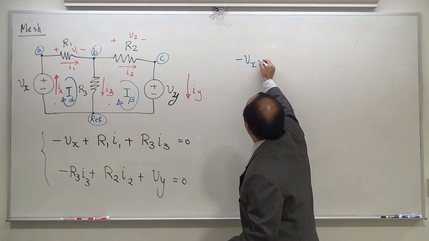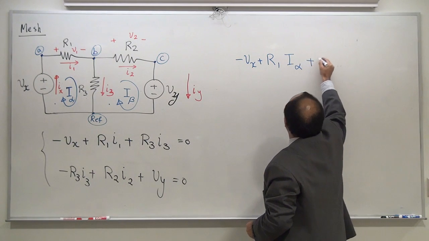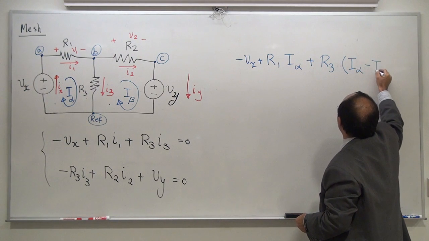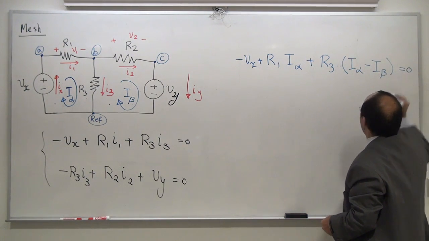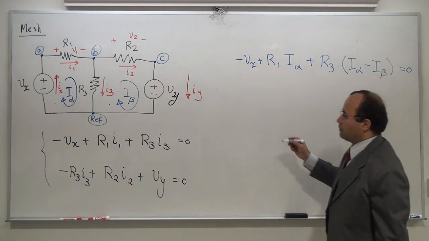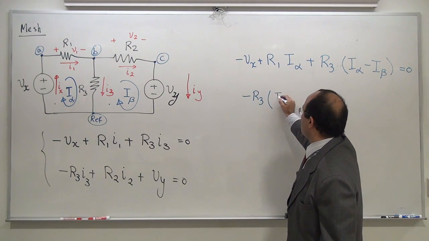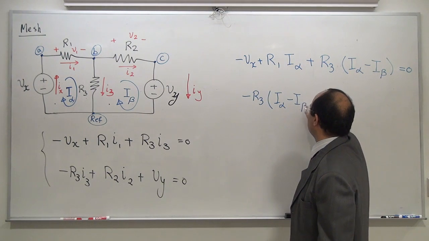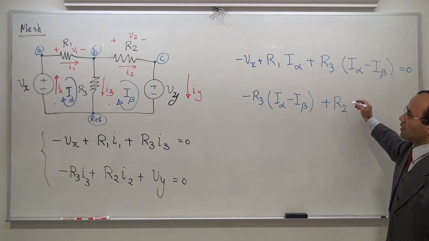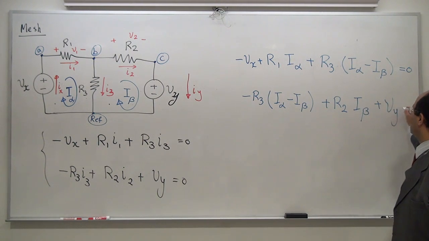Minus Vx plus R1 times I1, which is I alpha, plus R3 times I3 with that direction, I alpha minus I beta, equal to 0. Let's go for R3. Minus R3 times I3, once again I alpha minus I beta, plus R2 times I2, which is exactly the same as I beta, plus Vy equal to 0.